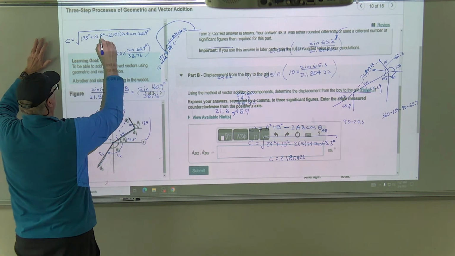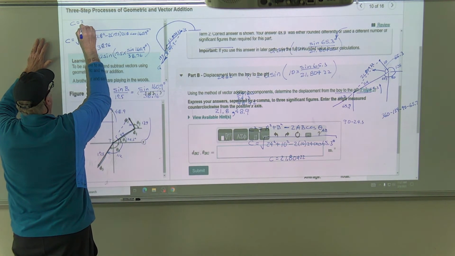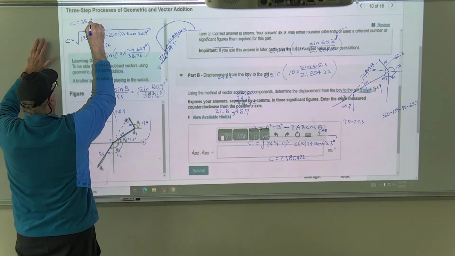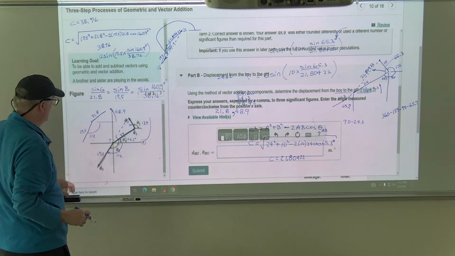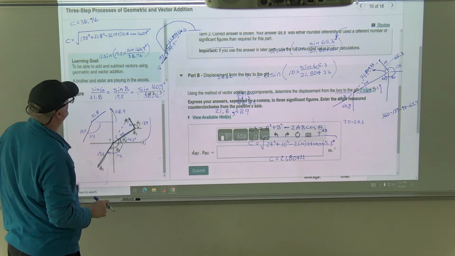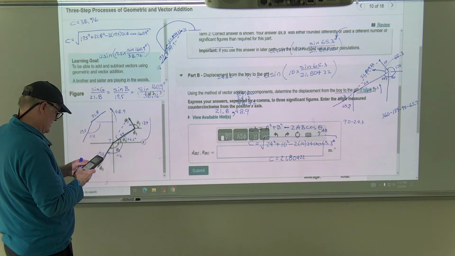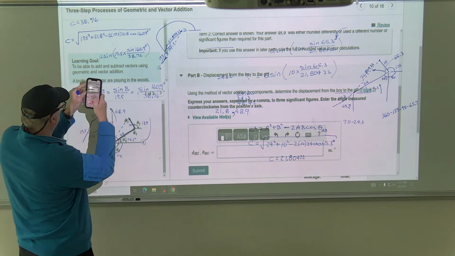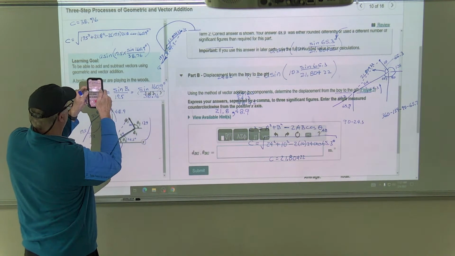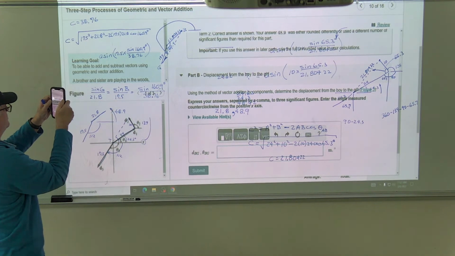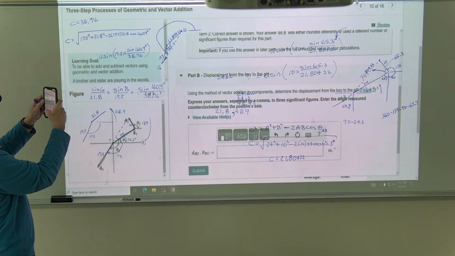Okay, so let's move this up here. Let's see if I can get that little tiny angle there. No, might not get all that.